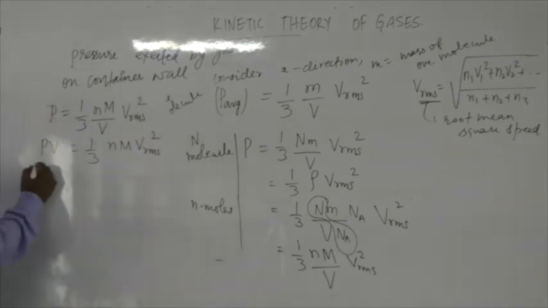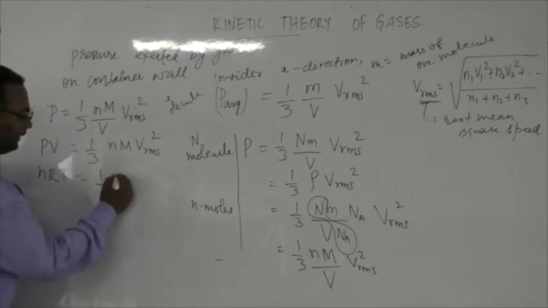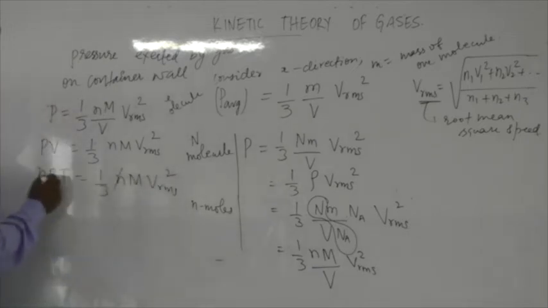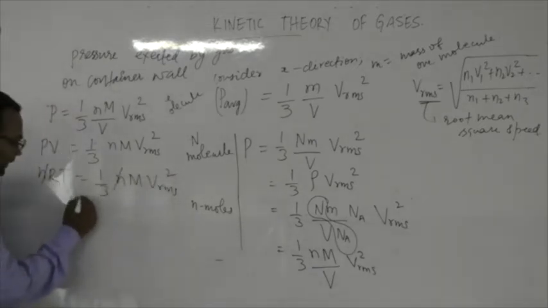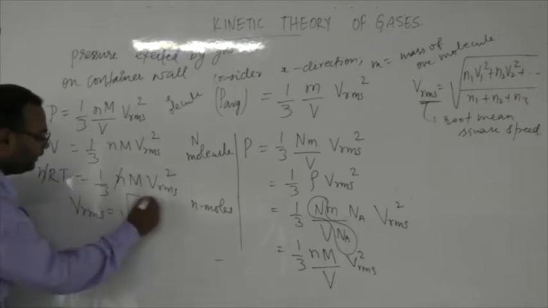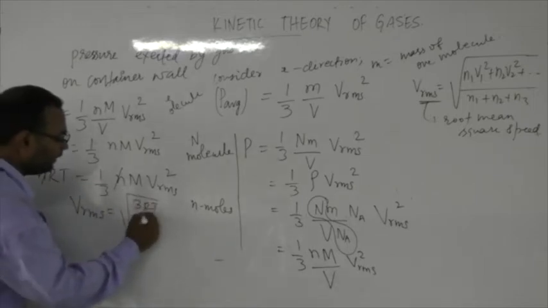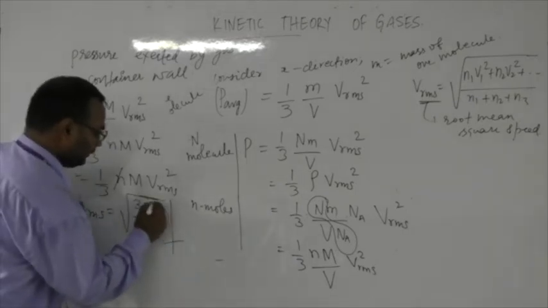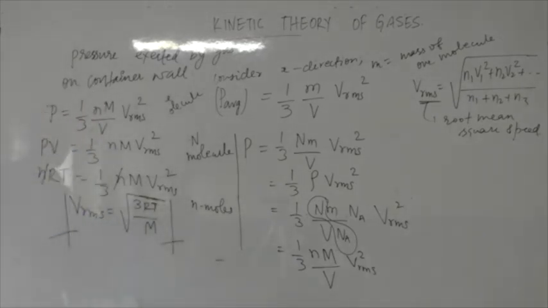So PV you can write as nRT from the gas law, and this is 1 by 3 nm Vrms square. So n gets cancelled and you will get Vrms value as root of 3RT upon m.